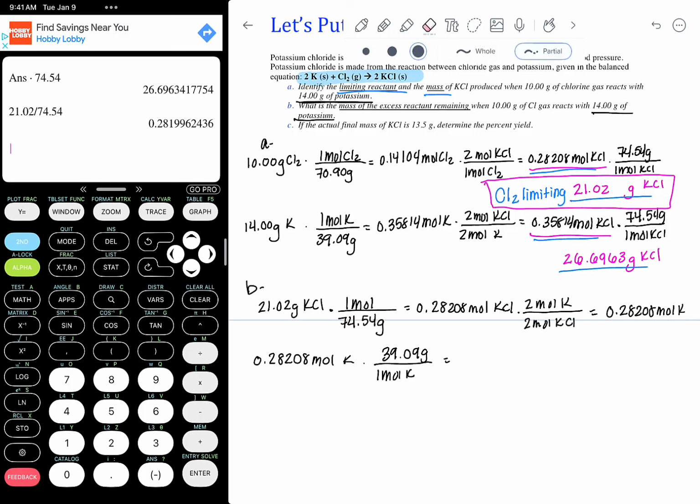Oh, I have a typo. I did not copy from my calculator correctly. It's a small change, but you want to make sure that we are getting all these numbers perfect.